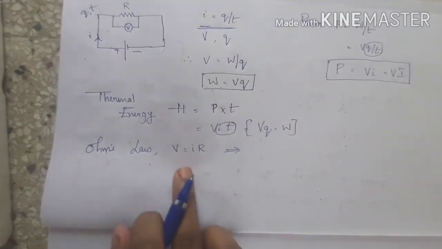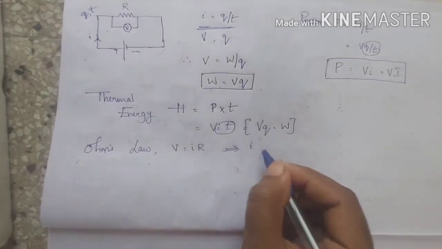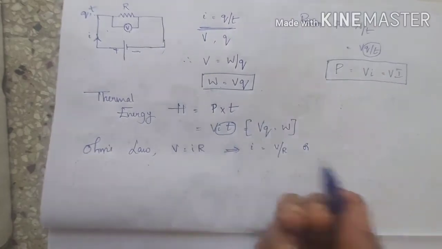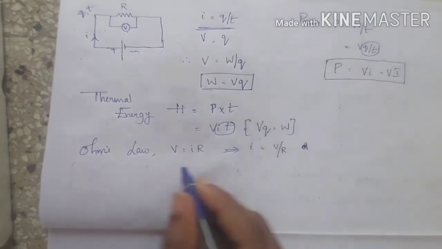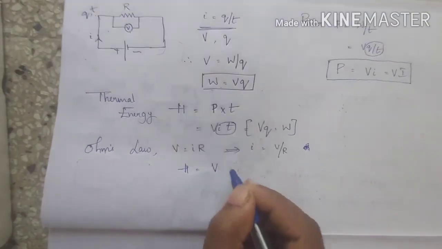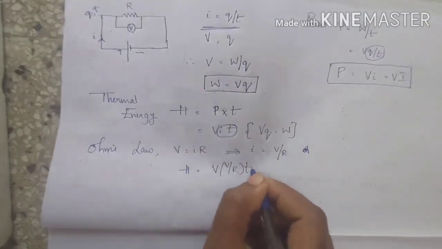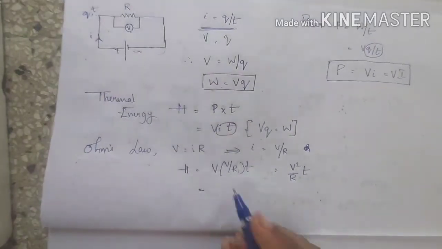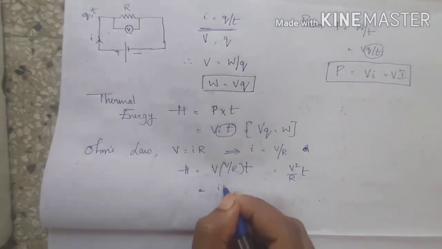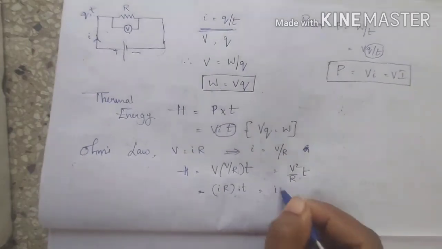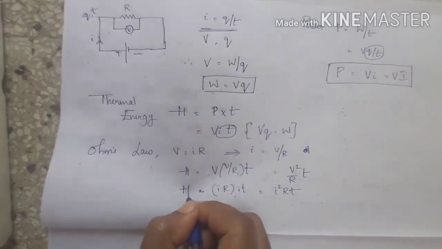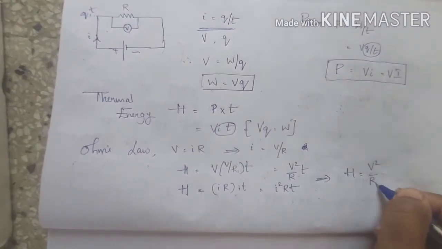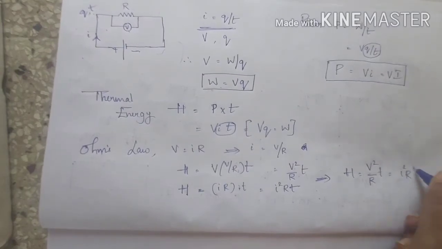From this formula we can write it in two forms: I is equal to V by R, or V is equal to IR. So H is equal to V by R into V into T, which is V square by R into T. This is one formula. And the second is IR into IT, so it is I square RT, which means you have two formulas for the thermal energy: V square by R T is equal to I square RT.